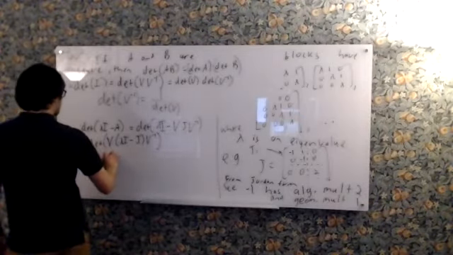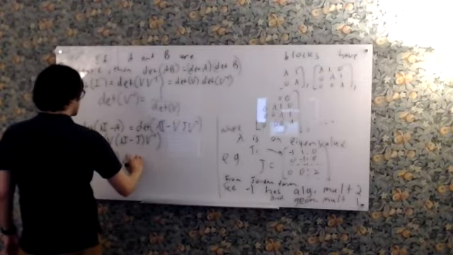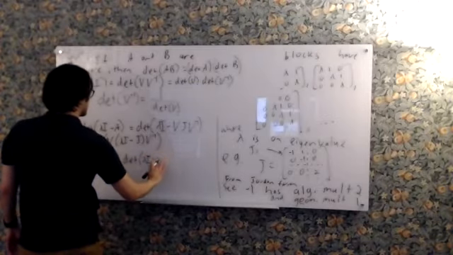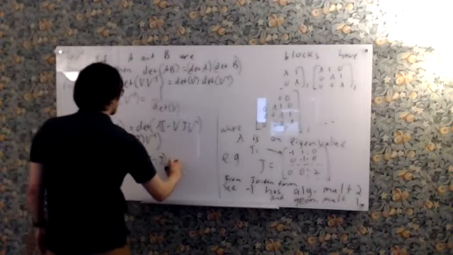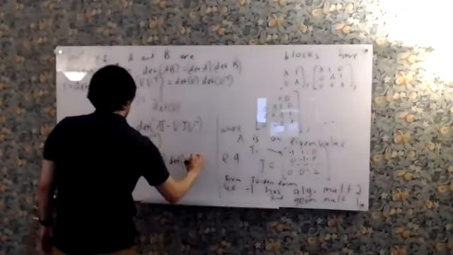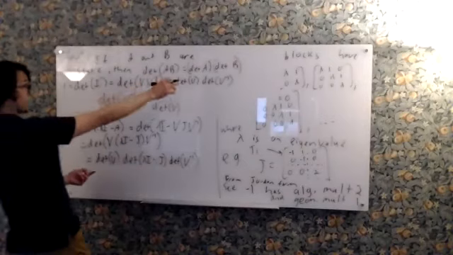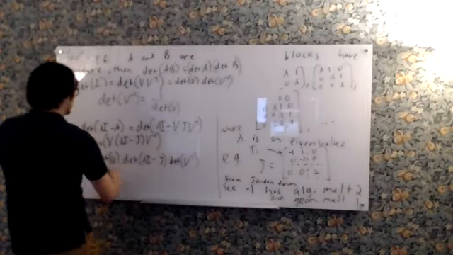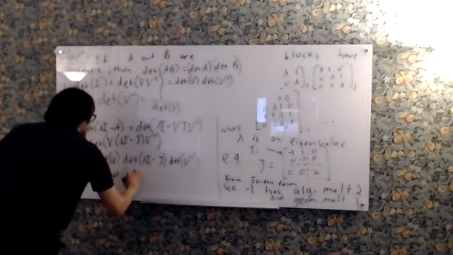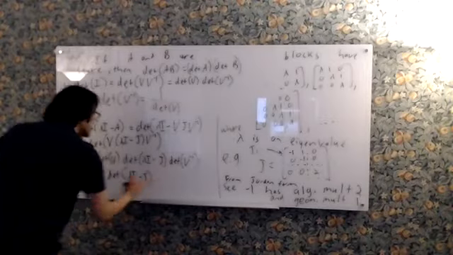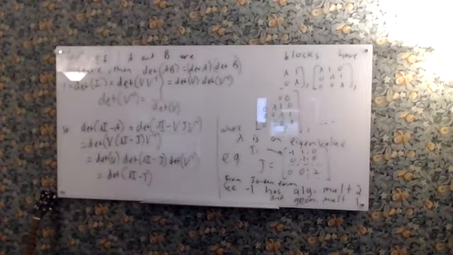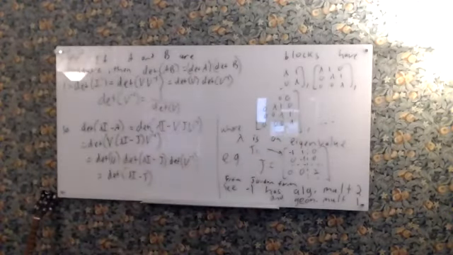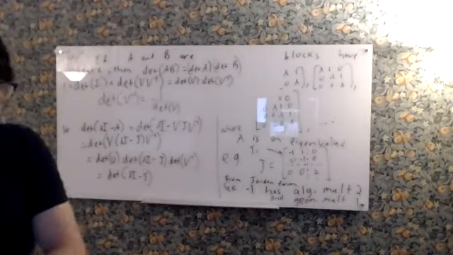So we get det V times det of lambda I minus J, by this property, times det V inverse. Now these are scalars, because determinant's always a scalar, so det V and det V inverse cancel out to give you 1. We're left with det of lambda I minus J. So they have the exact same characteristic polynomial. In particular, we can read it off from the diagonal of that matrix. All right, cool.